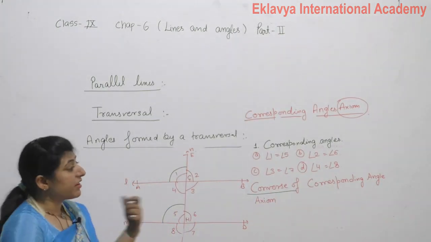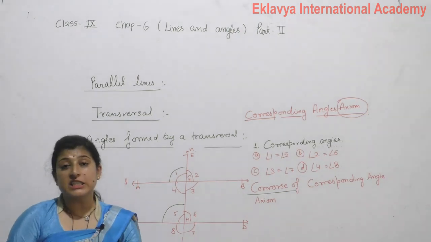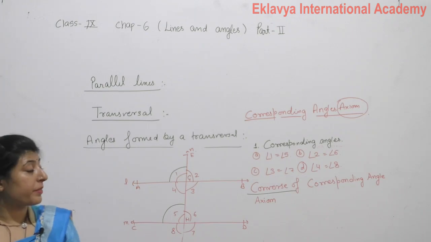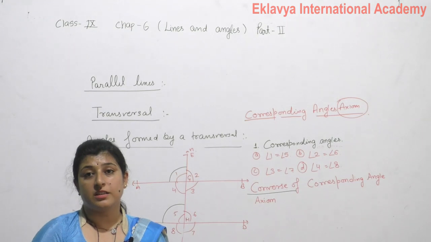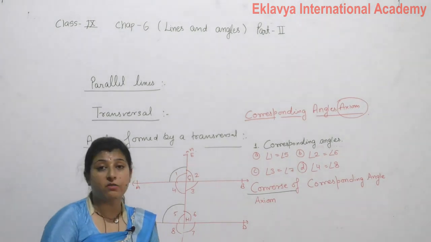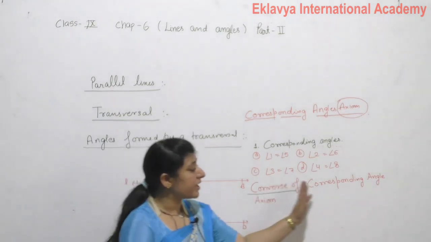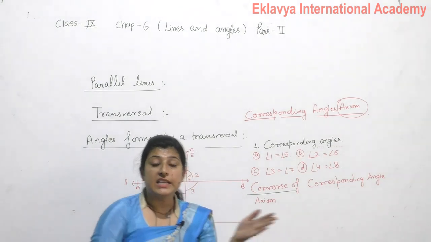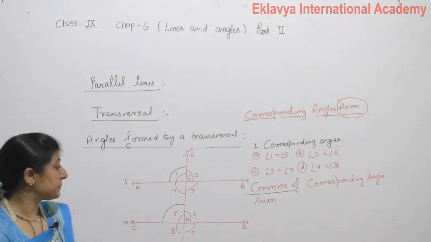It means whenever we need to prove two lines are parallel, we just show in our question that corresponding angles are equal. Somehow, if we explain how corresponding angles are equal in our question, then we can say by the converse of the corresponding angle axiom that these lines are parallel.